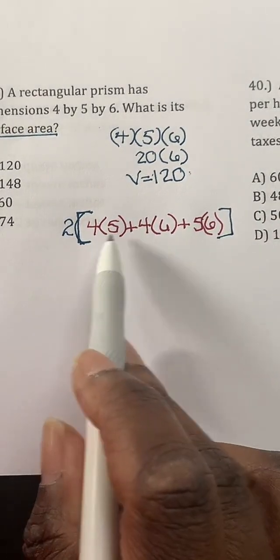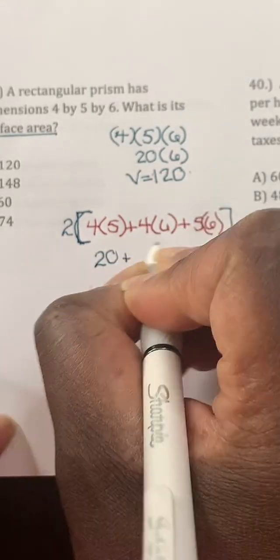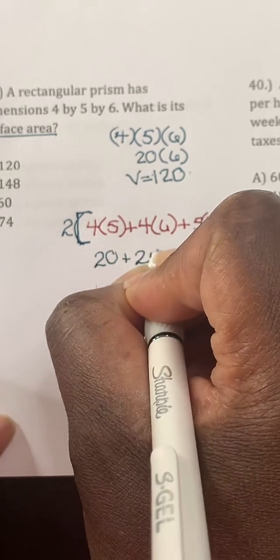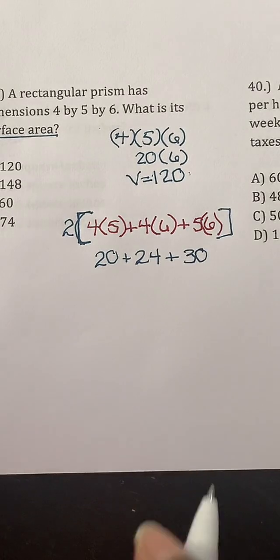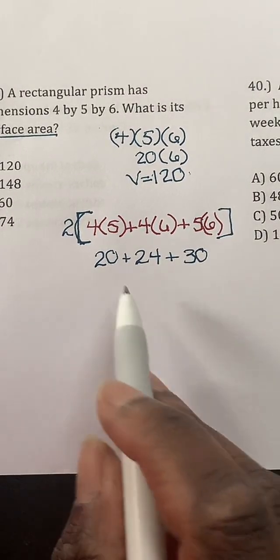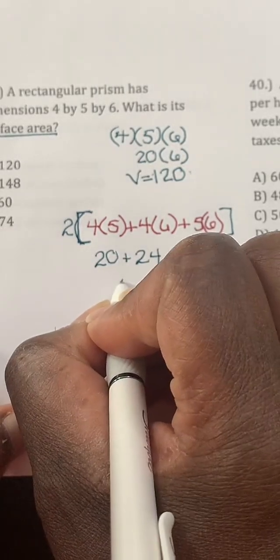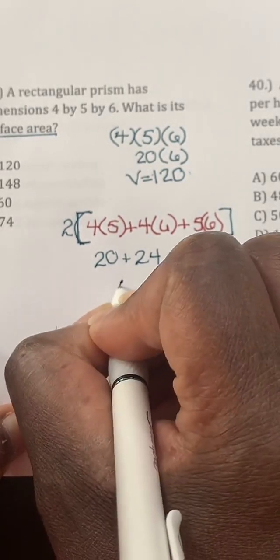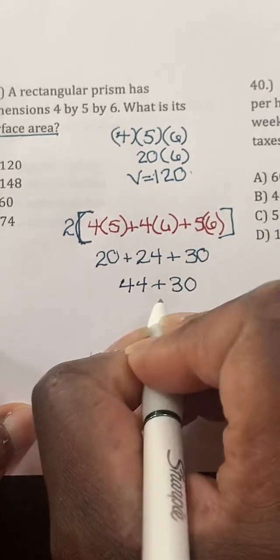So here we have our 20 plus our 24 plus our 30. So we have 20 plus 24, that gives me 44. 44 plus 30, I usually like to group it.